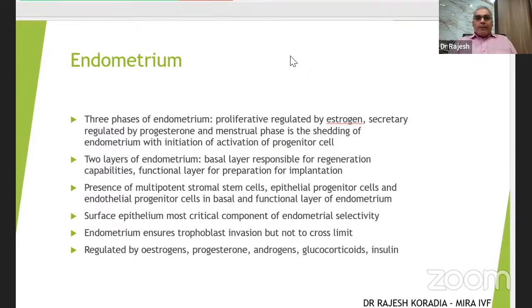So the endometrium is basically the inner lining of the uterus, and it plays a very vital role in various functions.